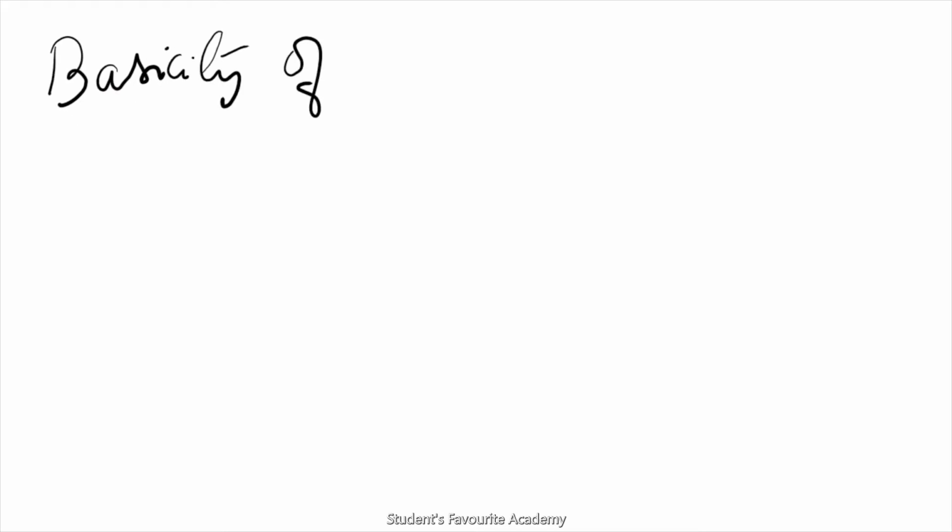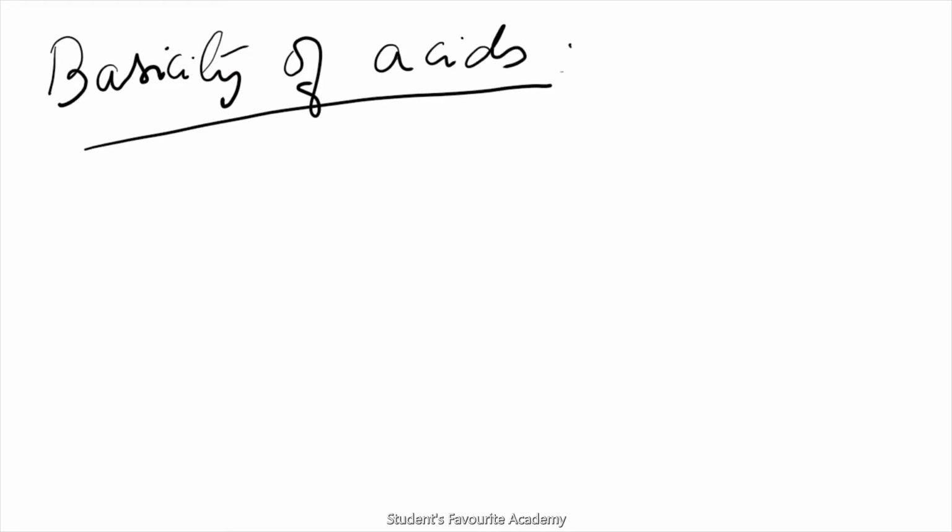Basicity of acids. Now, what is this basicity of acid? The basicity of an acid is defined as the number of hydronium ions that can be produced by one molecule of the acid in aqueous solution. Listen carefully. What is basicity of acids?